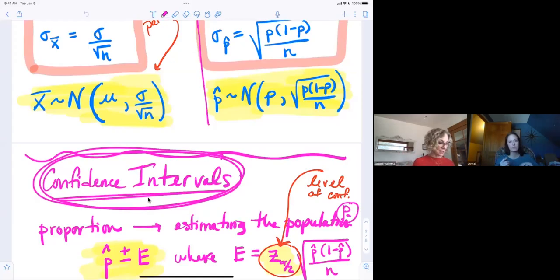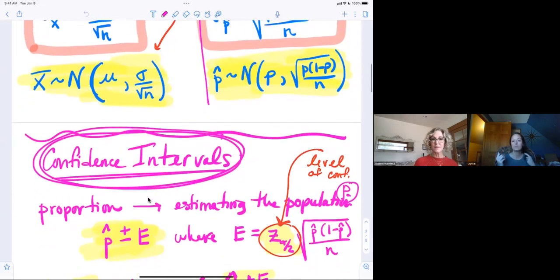That's what you're creating. So for proportion, you take p hat and you add and subtract this error, where your error is your critical value, your z critical value of alpha over 2, times the square root of p hat times 1 minus p hat over n.